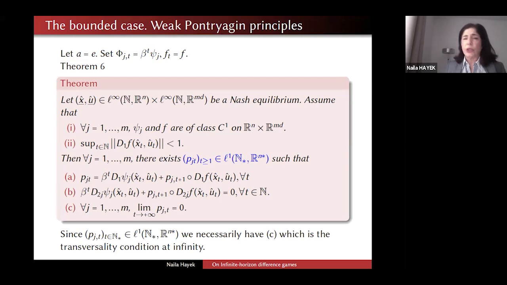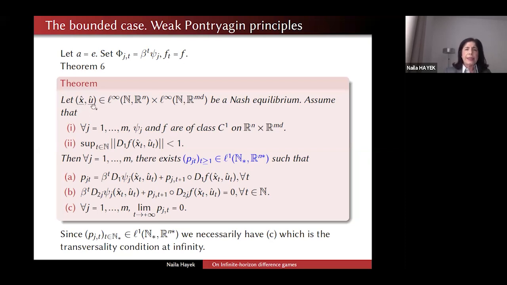The bounded case is a little different to work with. I will take only the equality, the difference equations. I will not look at difference inequalities because it will necessitate more hypotheses, but it can be done, of course. Now I will put that phi jt is beta to the t times psi jt, and to simplify everything, I will put that ft is equal to f.